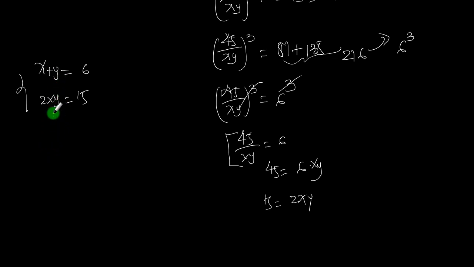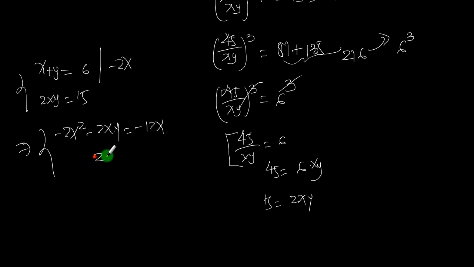Solving this, you can choose the method that you like the most, but I'm going to multiply the first equation by minus 2x. So this would turn into minus 2x squared minus 2xy equals minus 12x. And then I have 2xy equals 15.